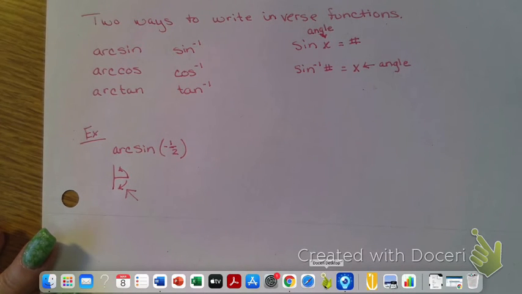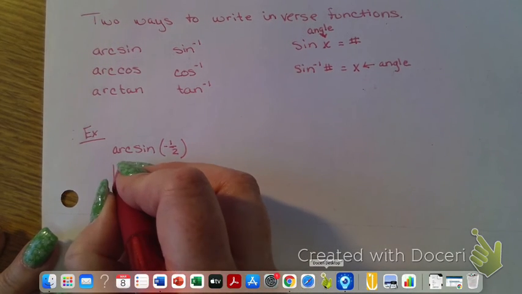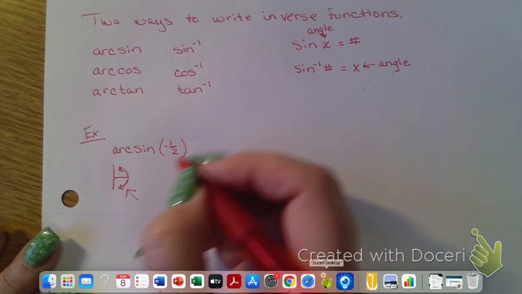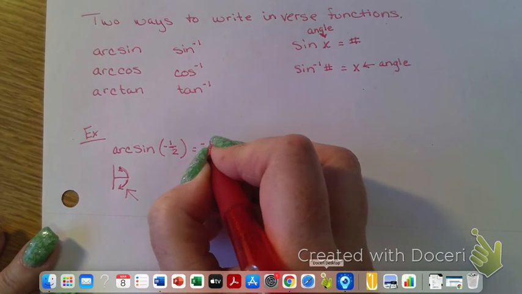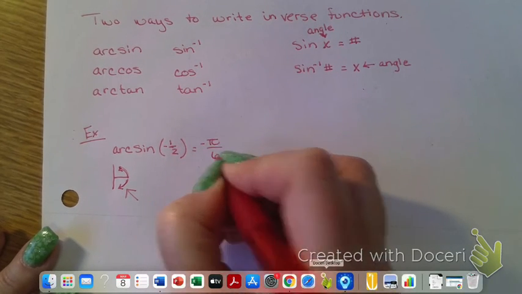What angle is sine 1/2 at? 30. So we're in radians. So pi over 6. But I'm not going up pi over 6. I'm going down. So it's negative pi over 6.